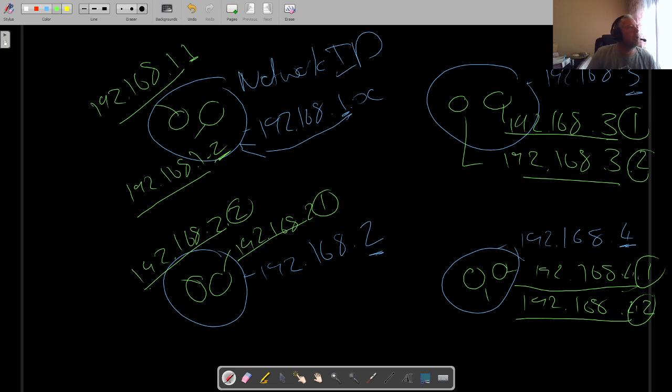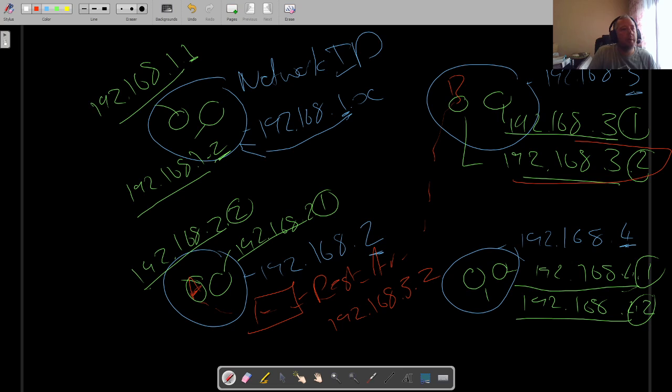So now, if computer A wants to send data to that guy over there, it will say, okay, here's the packet. The destination address will be 192.168.3.2. Remember the IP address assigned to that guy, hey?